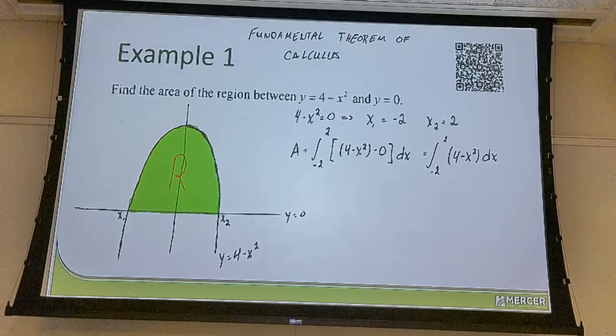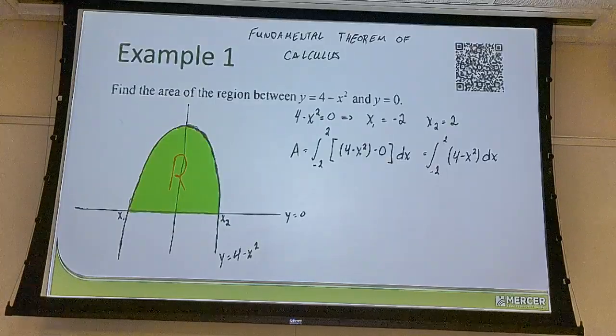Not the antiderivative. That implies that there's only one. Any antiderivative of the function. Which one do we take? The one where c equals 0, which is called the simple antiderivative.